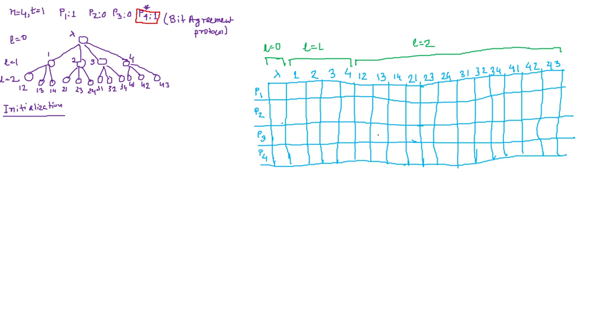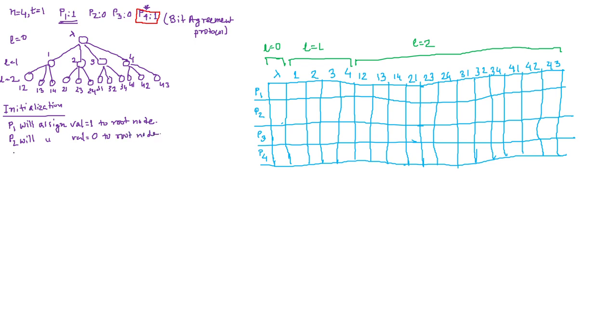P1 will assign value 1 to root node, why? Because the starting input of P1 was 1, right? P2 will assign value 0 to root node.